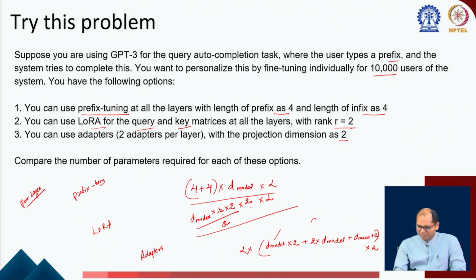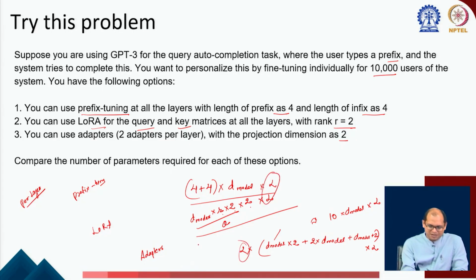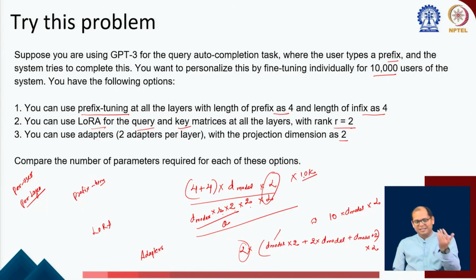So this will be roughly 10 times D model times L. So you see adapters will have slightly more parameters in this setup than the others. And of course this is per user. Oh sorry, I wrote per layer, but we are anyway multiplying with L. So now this is per user, so you will have to multiply these with 10,000 users, individually, 10k users. So that many parameters will be required in total for this task.